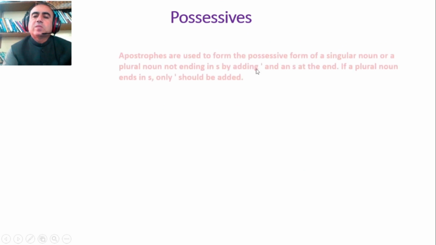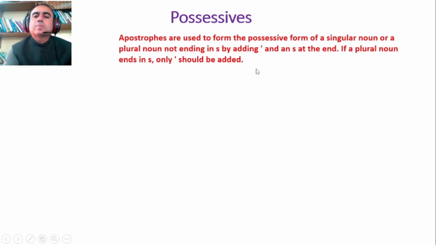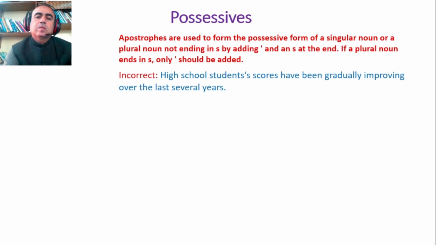In case of possessives: high school students' scores have been gradually improving. Here you see students ends in s, and then again there is a sign of apostrophe and s. This is an error here because this ends in s, which is the plural case.